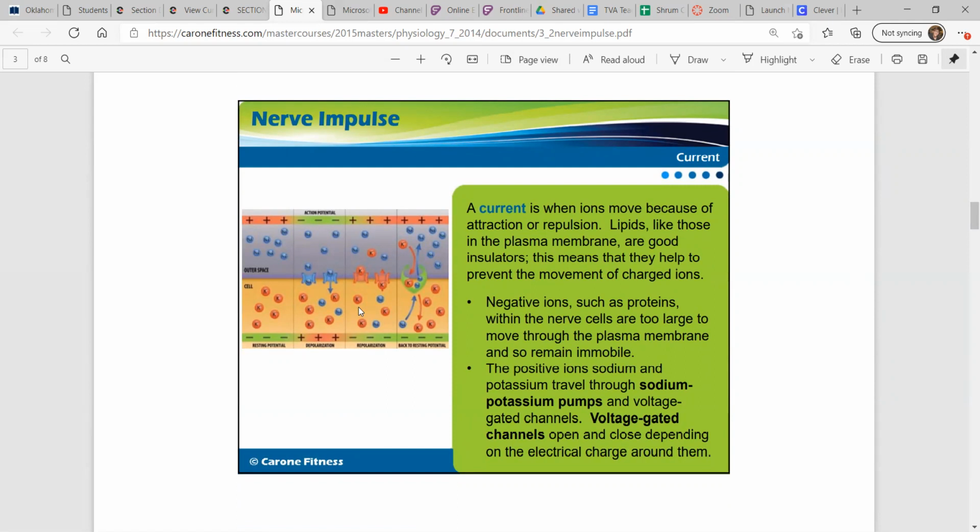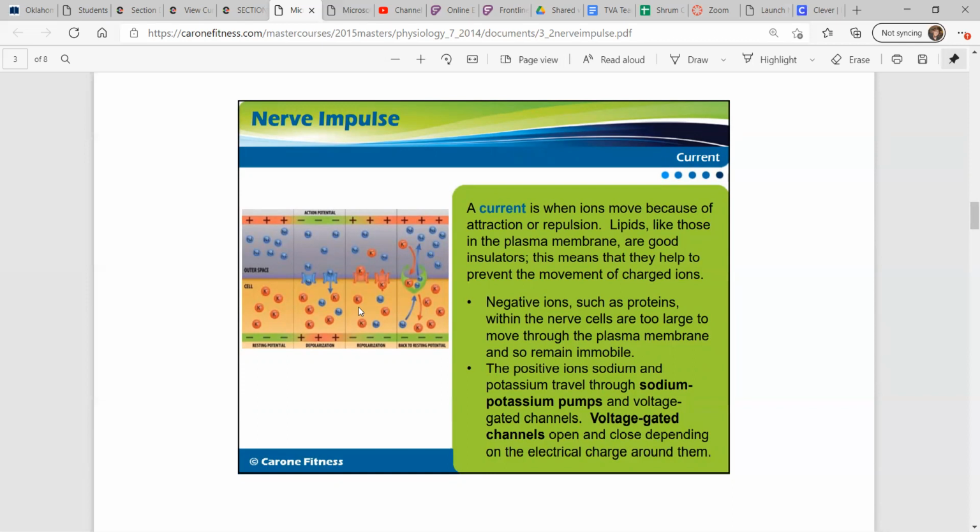Lipids, like those in the plasma membrane, are good insulators. Insulators help prevent the movement of charged ions. If you think about conductors and insulators, conductors help move electricity and heat. Insulators slow down the movement of electricity and heat.